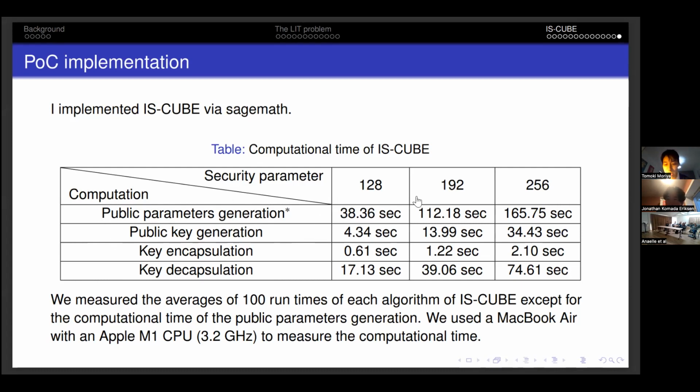So you can think of this number as just a reference number. And we use a MacBook Air with the M1 CPU. Then as shown in this table, the public key generation is not so fast, and key encapsulation is not so bad. Key decapsulation is a little bit heavy in my proof of concept implementation.